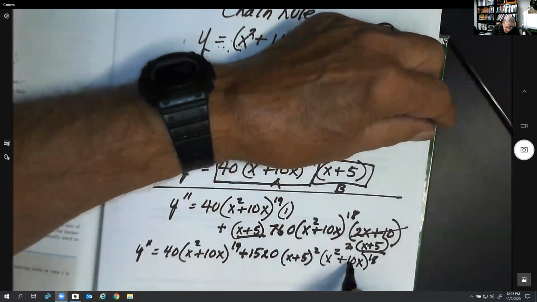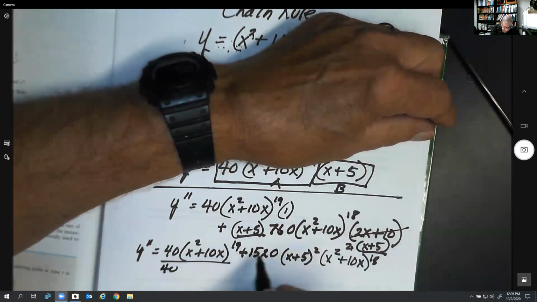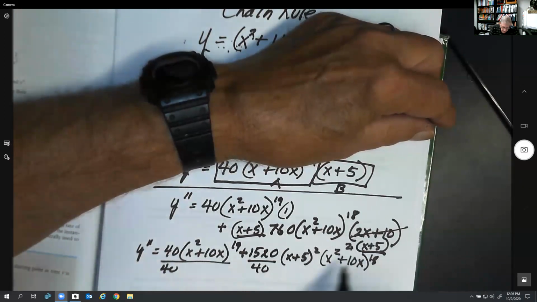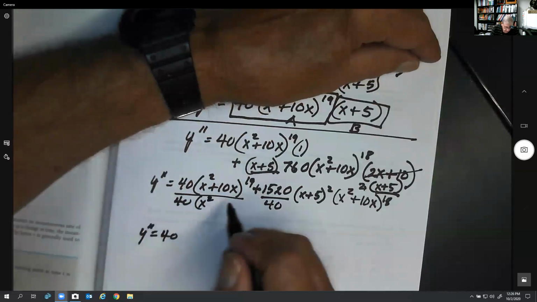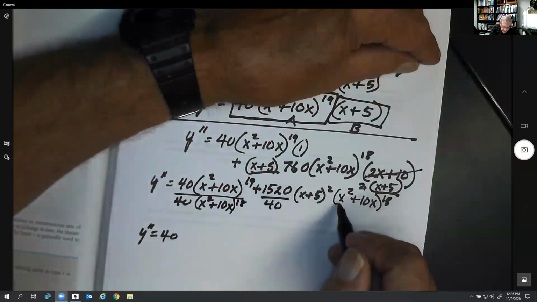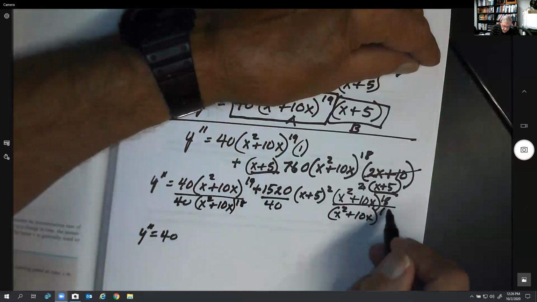Okay, so that's what I have. Now, what I noticed is this is common to both terms, and 40 will go into both terms. So we're going to divide everything by 40. I'm going to write that down as our common factor. And then we're going to divide everything by x squared plus 10x to the 18th power.